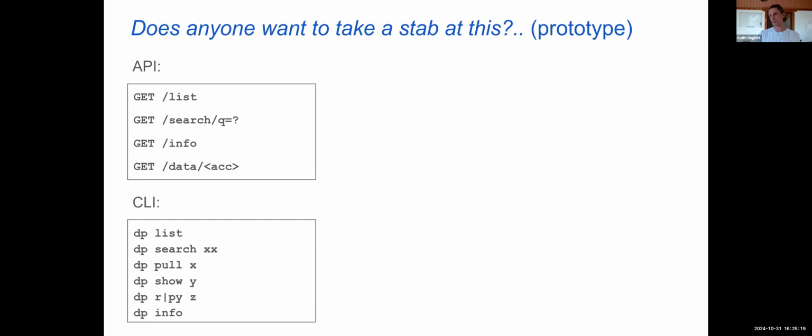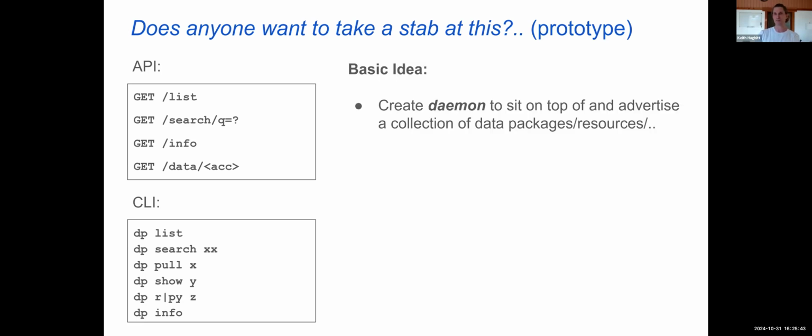On the flip side, you can imagine creating a command line tool to list your local data packages, search the known remote repos, and then pull data, show data, or launch a REPL in R and Python or whatever. I'm happy to meet with anyone who wants to try to tackle this and initially just set a low bar and create a prototype.